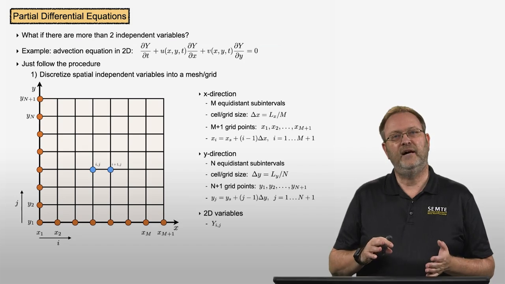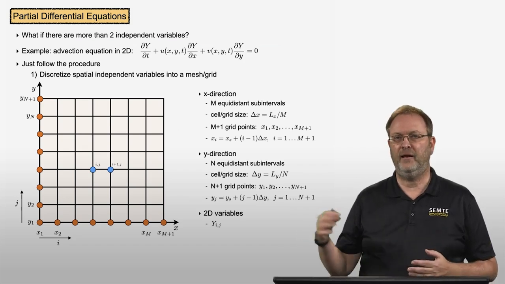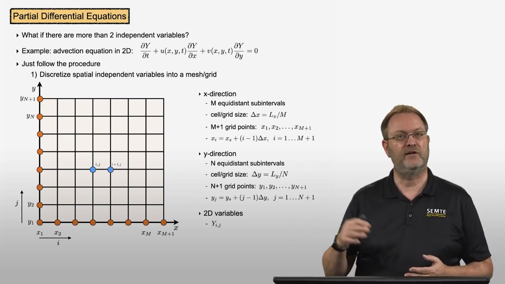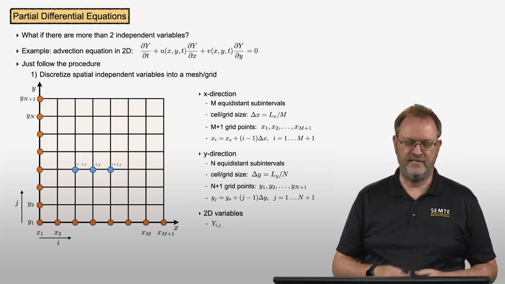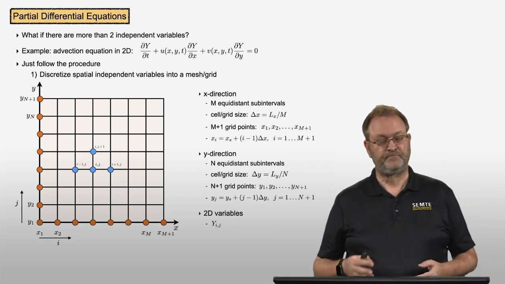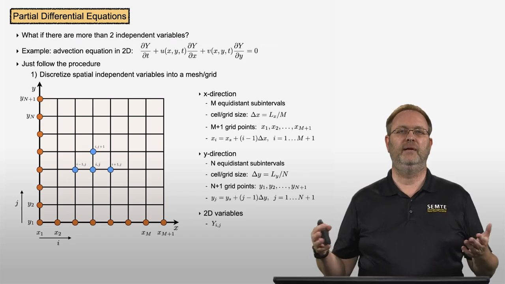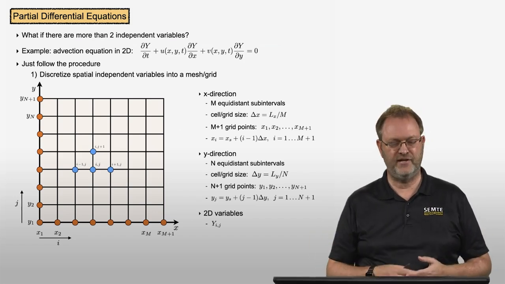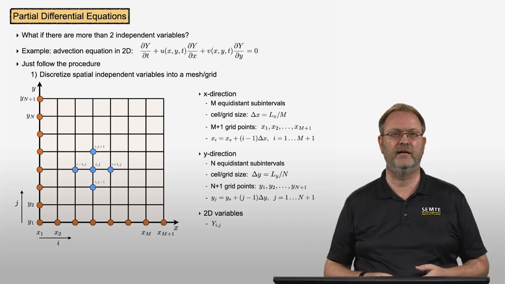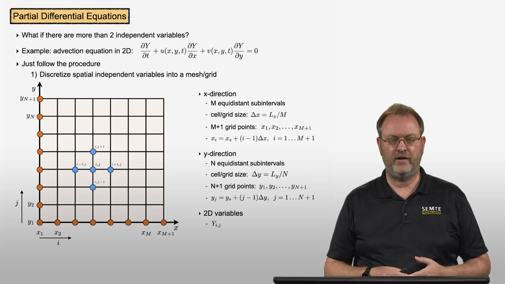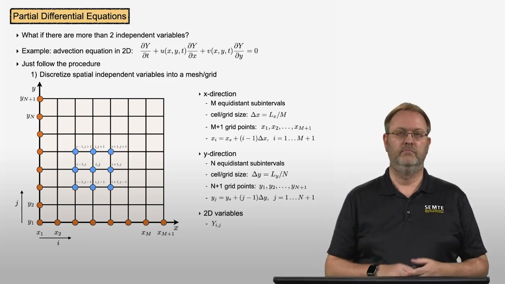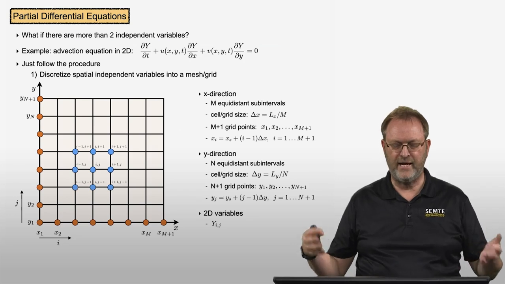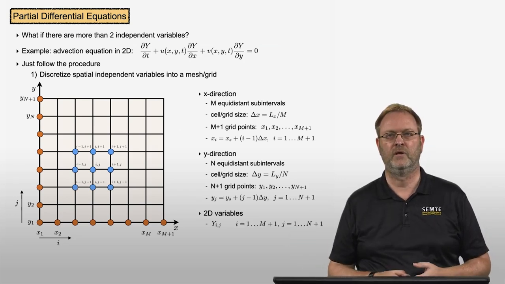I can then identify the neighboring point in the plus x direction as i+1, j, and the point in the negative x direction as i-1, j. Similarly, in the plus y direction I would have i, j+1, in the minus y direction i, j-1. And the diagonal positions would be, for example, i+1, j+1, and so on.